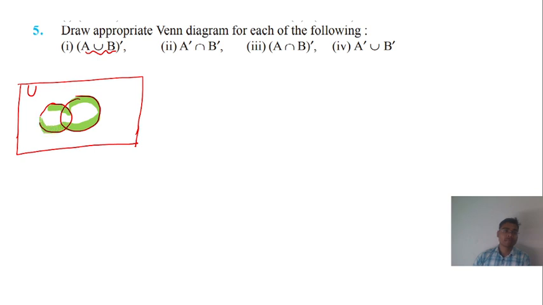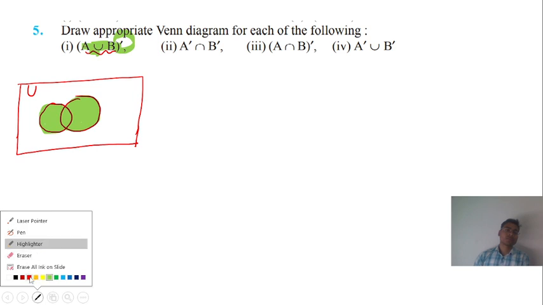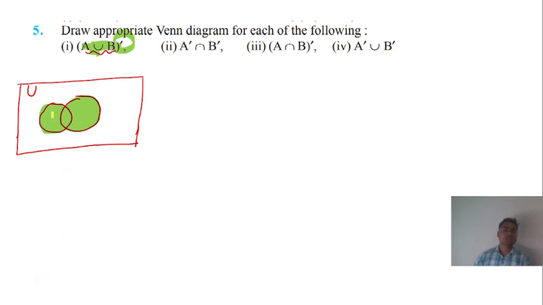Means A plus B. So this is the A union B set. But they are not saying that you just need to find A union B. They are saying you have to find A union B whole complement. So for the complement set, you remove this set from the universal set, and all the outer area is the A union B whole complement.